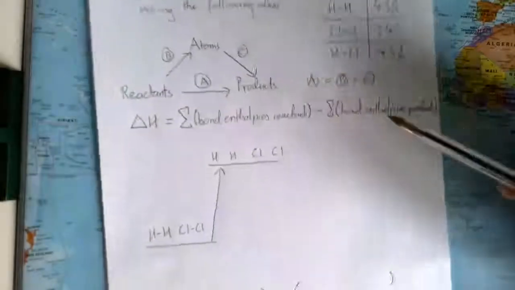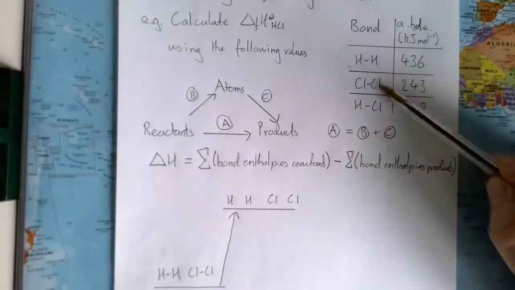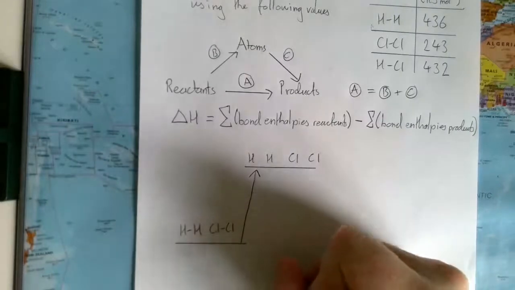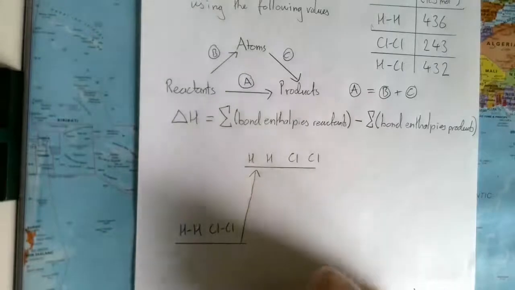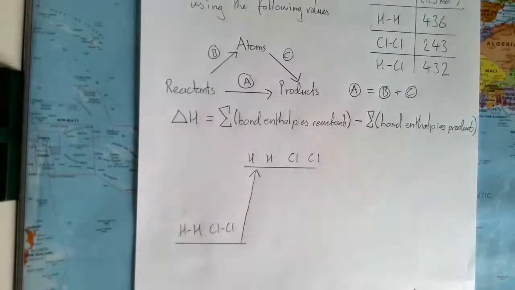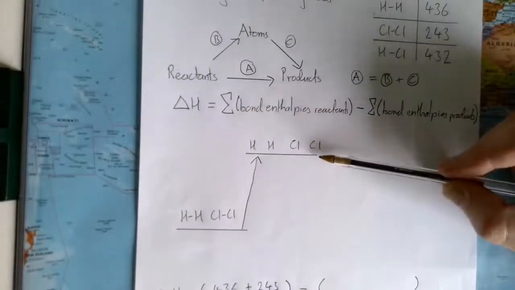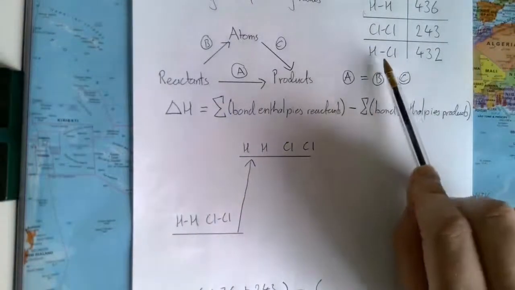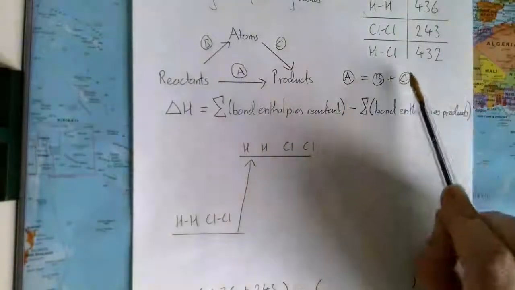So the sum of the bonds here, for hydrogen and chlorine, I can write 436 plus 243, and that's going to equal 679.